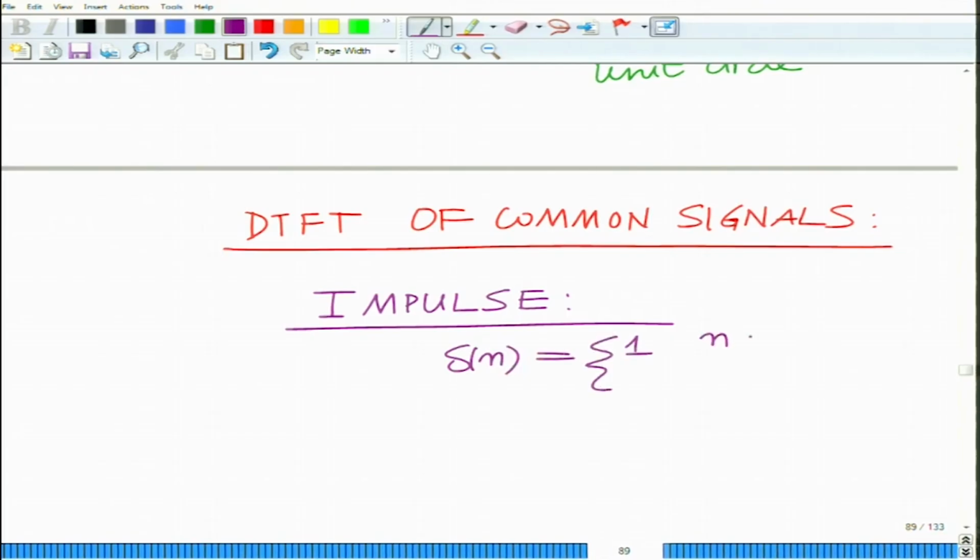Delta n equals 1 for n equal to 0, and 0 for n not equal to 0.